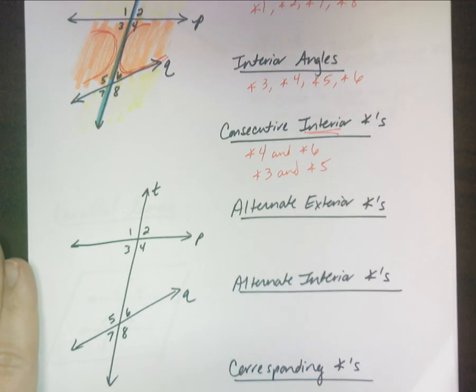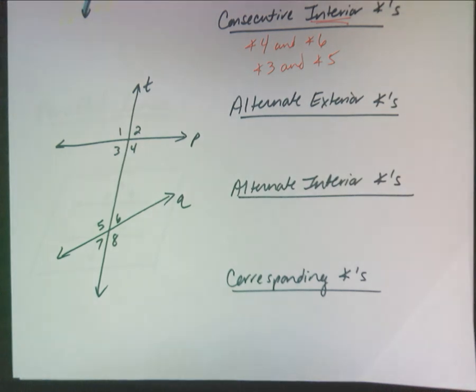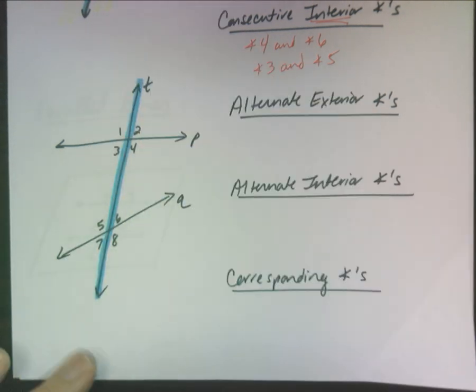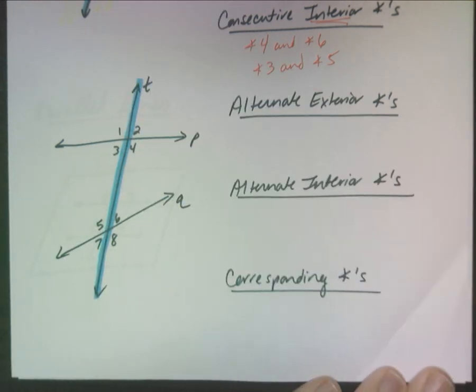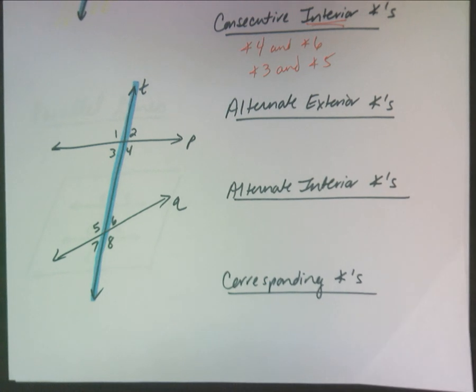Now we're going to talk about that same picture. Again, if you want to redraw it, you can just use the same one. I'm going to re-highlight my transversal here because that will always help you out. Now I want alternating exterior angles.